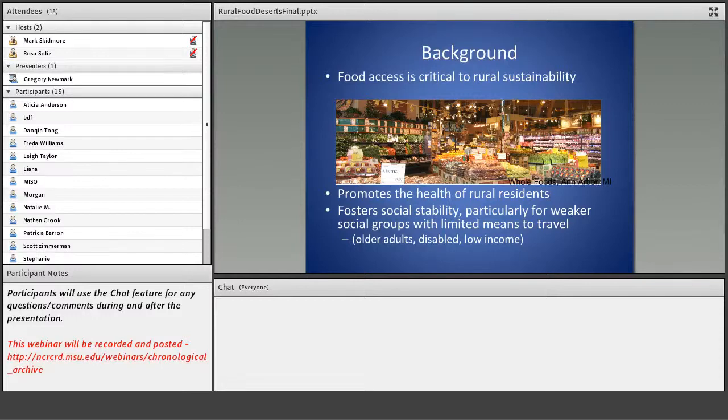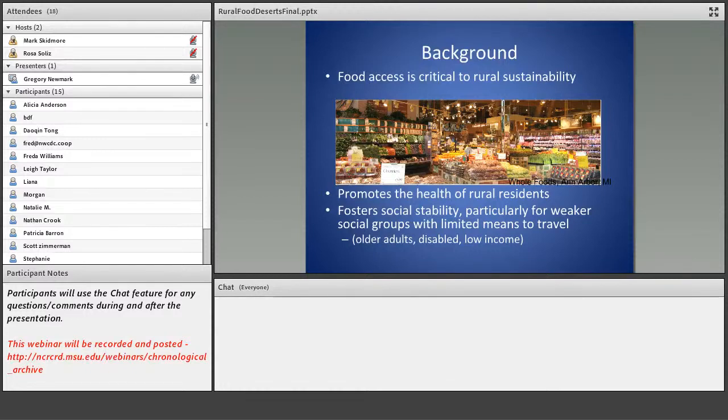And so one of the issues of real concern for both of us is the sustainability of these communities, and one element is, of course, food access. Food access is particularly important for all rural residents, but particularly for those in social situations that are less able to travel: older adults, disabled, and low-income populations.